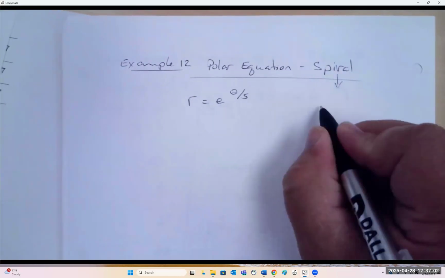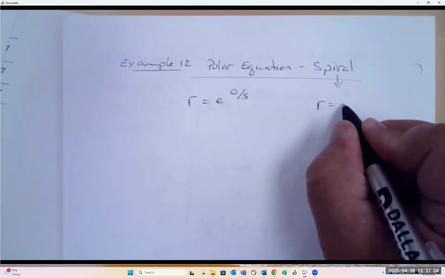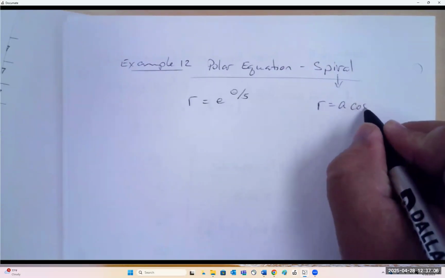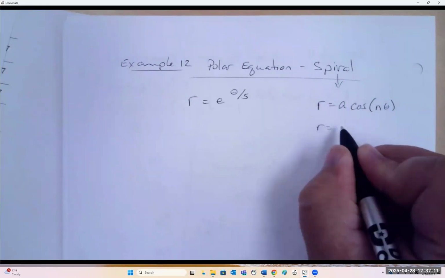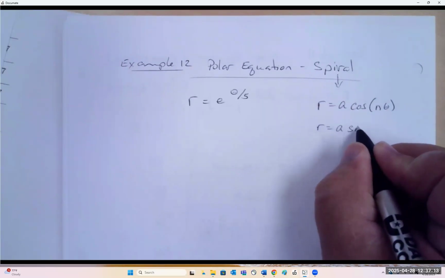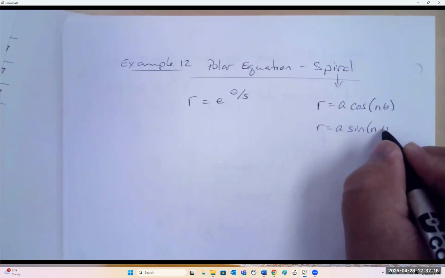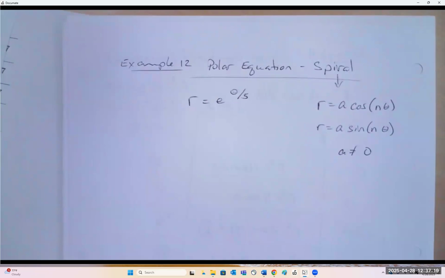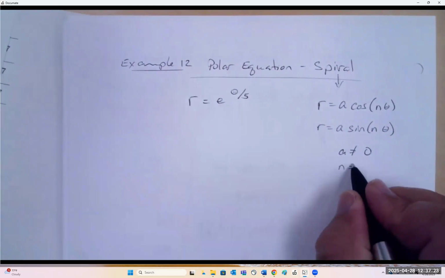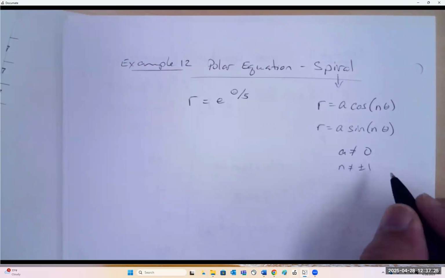Okay, spirals have this format: A cosine n theta, A sine n theta, where A cannot be 0, and n cannot equal plus or minus 1.